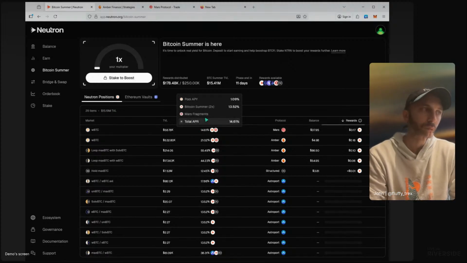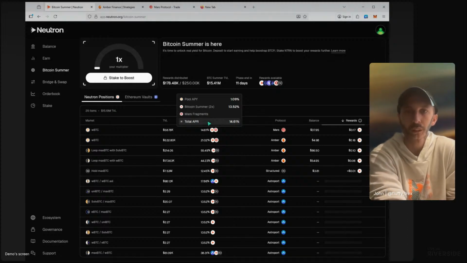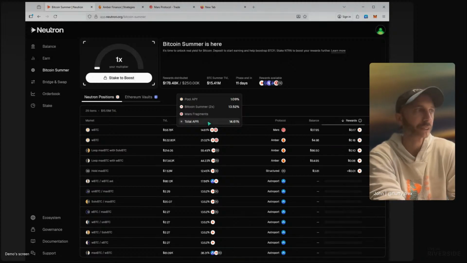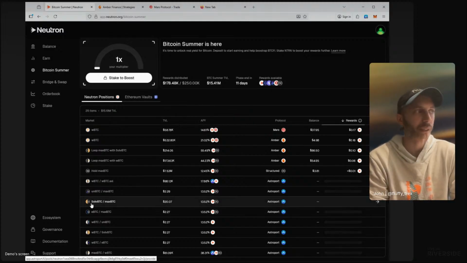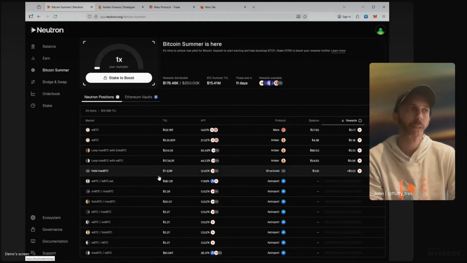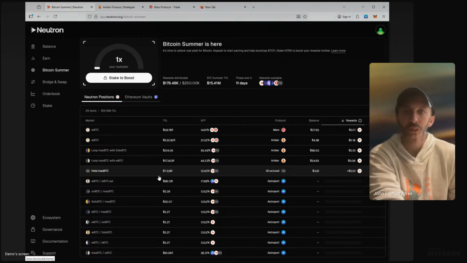The campaign is incentivizing all the positions with one bucket of rewards, such that the market gets to decide where they want to allocate funds. So if people are interested in unlocking the solve BTC leverage looping strategy, then people can start depositing into this pool, into lending solve BTC, and they'll be earning the same amount of rewards as other positions, the same APY.